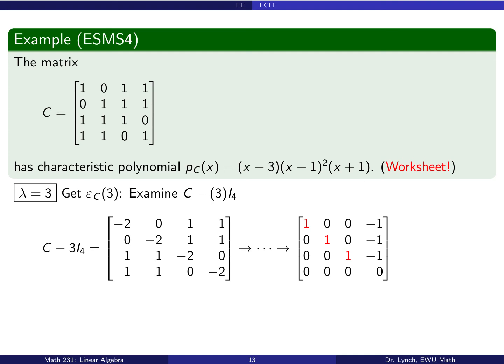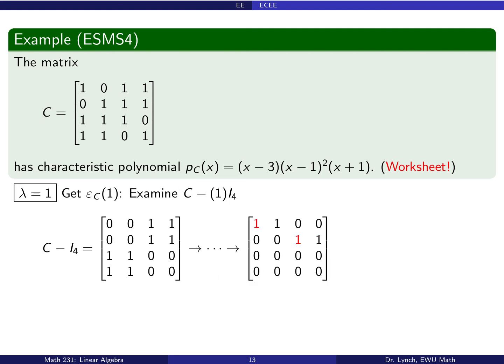This tells us the geometric multiplicity of the eigenvalue 3 is 1. Again, the dimension of the null space of the matrix C minus 3I tells us the dimension of that eigenspace, which is the geometric multiplicity of the eigenvalue. Similarly here, we see that the geometric multiplicity is 2.